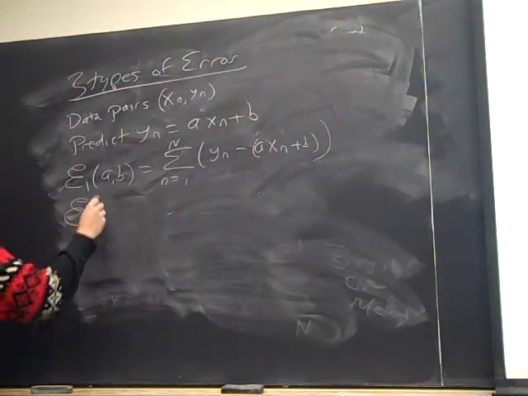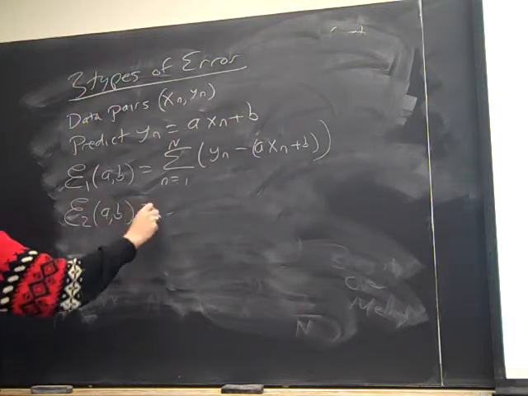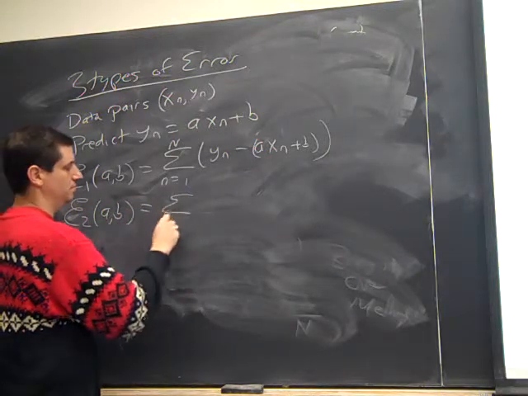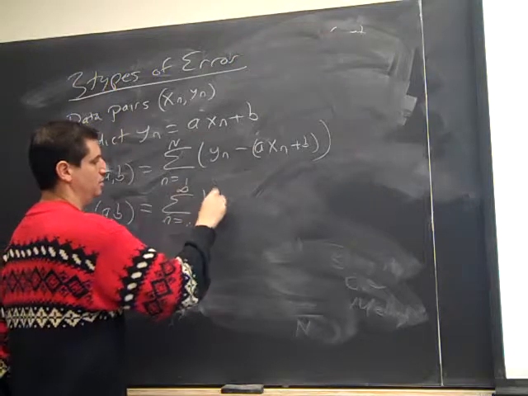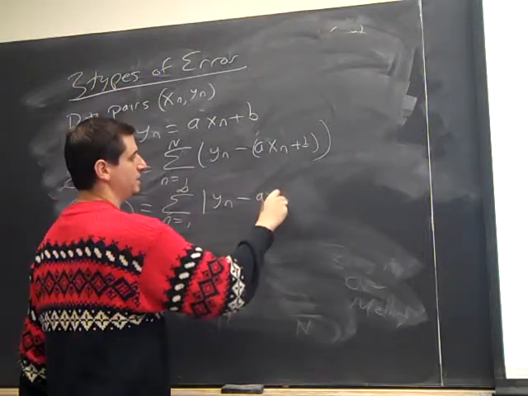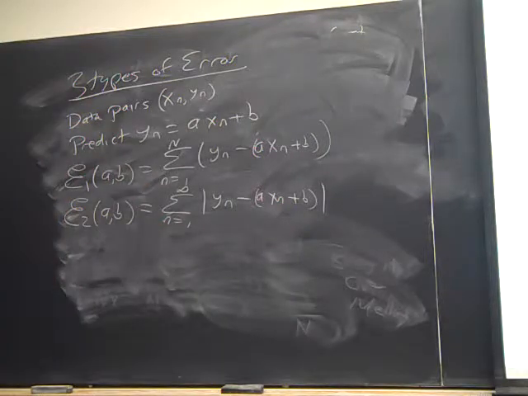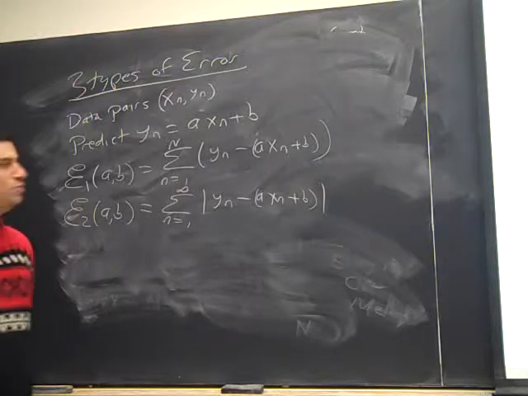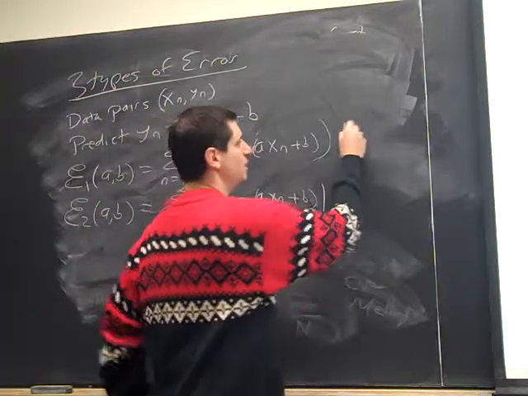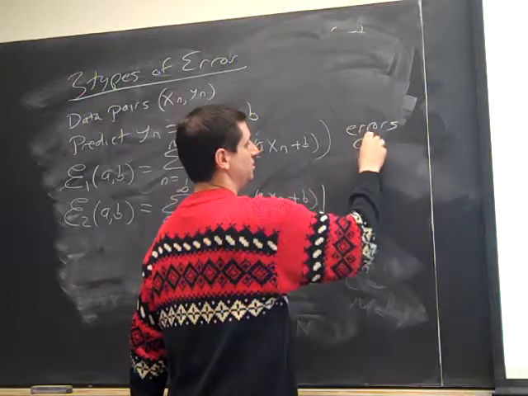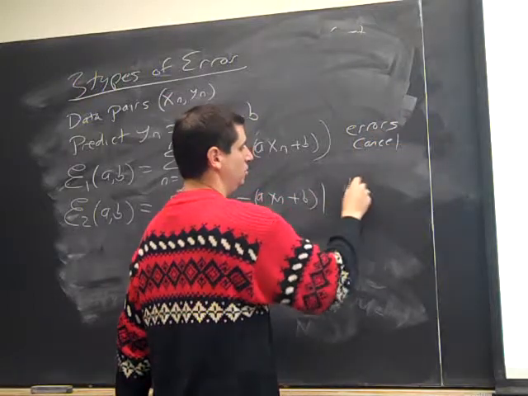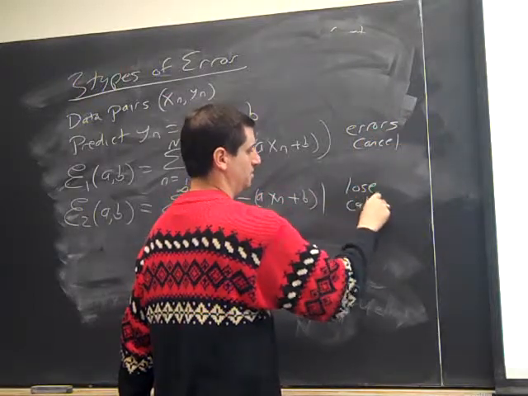Can somebody give me a nice fix so I no longer have errors that cancel? Absolute values. Now I no longer have errors canceling. What's bad about absolute values? We lose calculus. Here, errors cancel. Here, we lose calculus.